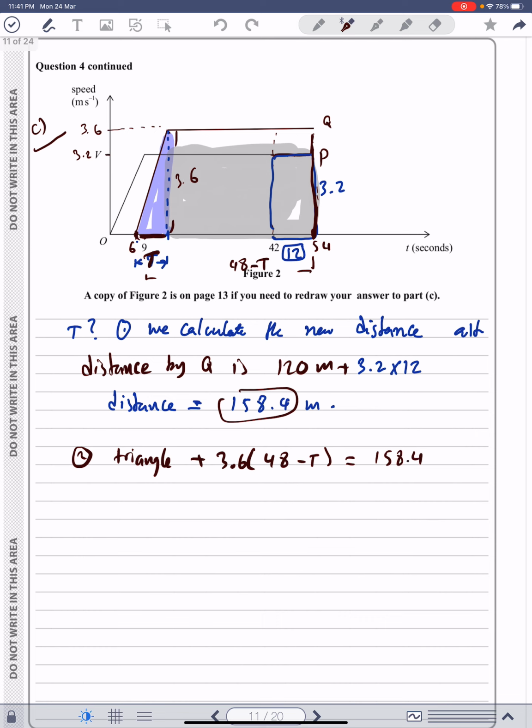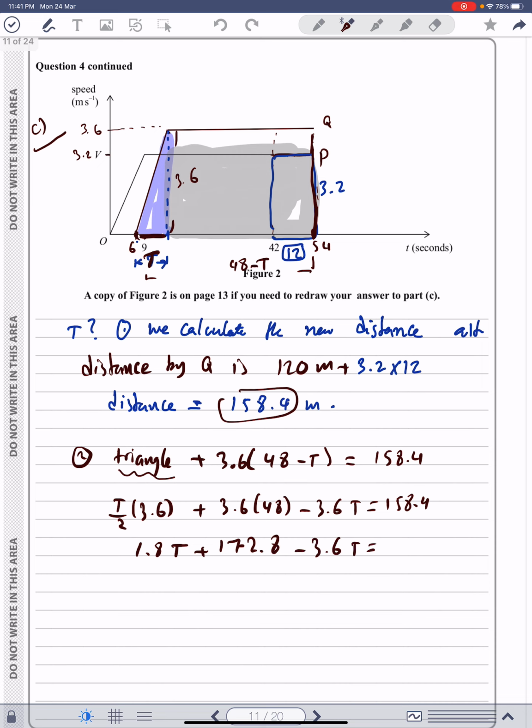Simply like this. What's the area of the triangle? It is T over 2 times 3.6, plus 3.6 times 48 minus 3.6T is equal to 158.4, getting 1.8T plus 172.8 minus 3.6T equals 158.4.